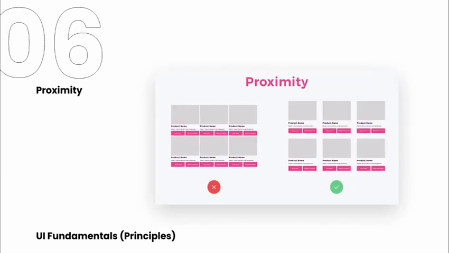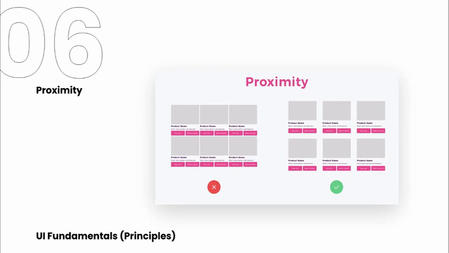So the sixth principle is proximity. Proximity simply means the distance between visual elements. In most cases we use proximity to signal relationships between elements. When elements are close together, they are perceived as one group, and elements that are far from each other are seen as individual elements.